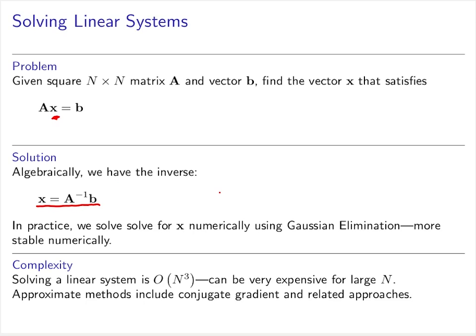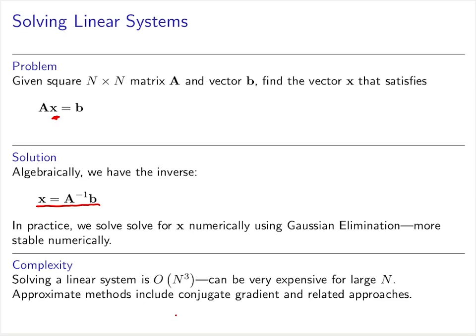Instead, you use the well-known Gaussian elimination algorithm, which is numerically much more stable. One thing to remember here is never compute an inverse if you want to implement algorithms on a computer, because the inverse is a difficult and particularly numerically unstable operation.